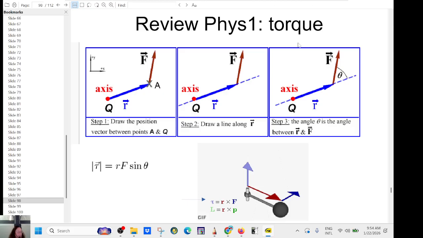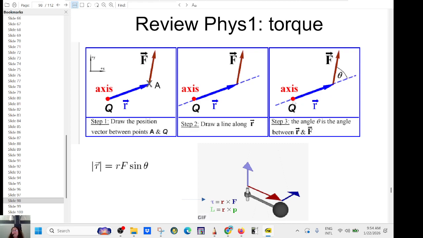So a torque from physics 1, it's a physical quantity that will measure how efficient a force is in making rotation happen. Okay, so if there is a torque, there is a rotation. How good is the rotation depends on the force, on that angle here and that distance there.